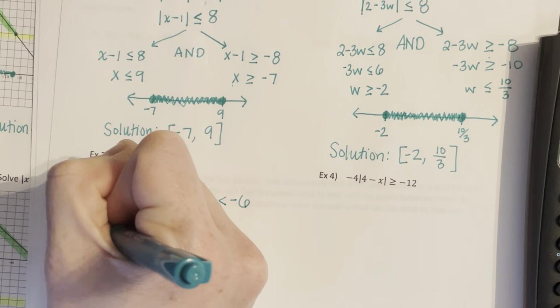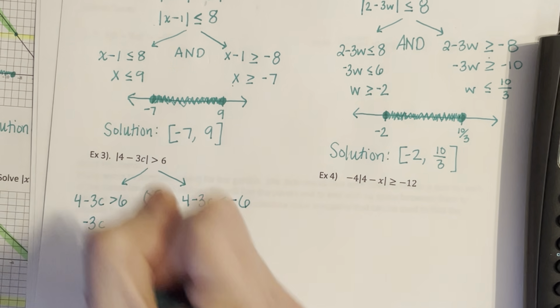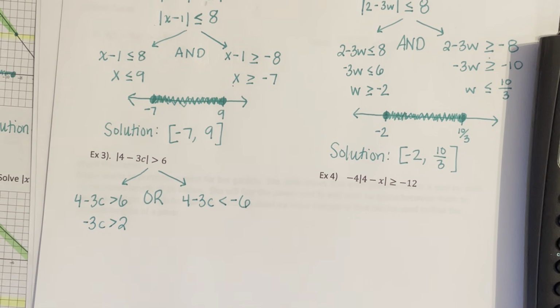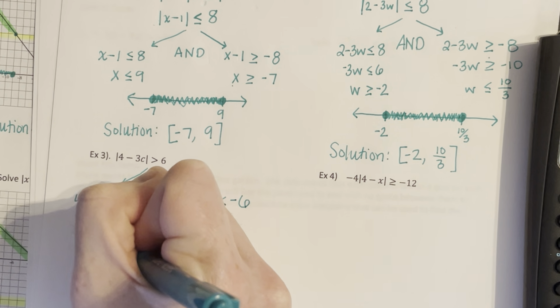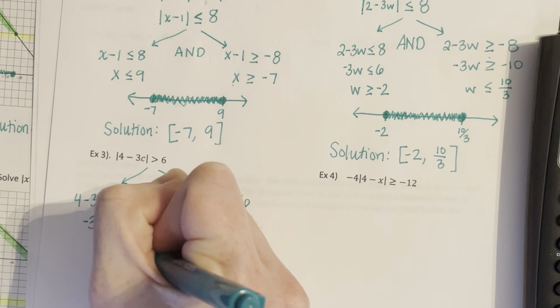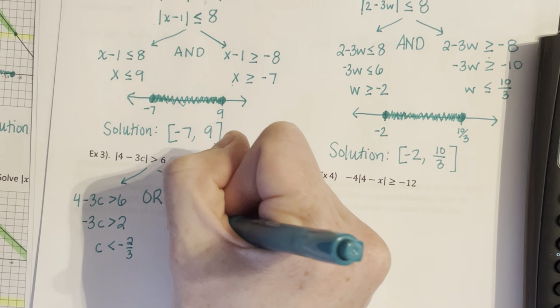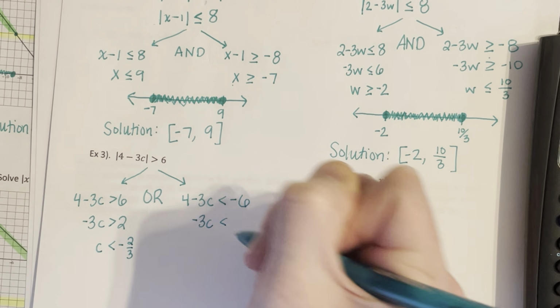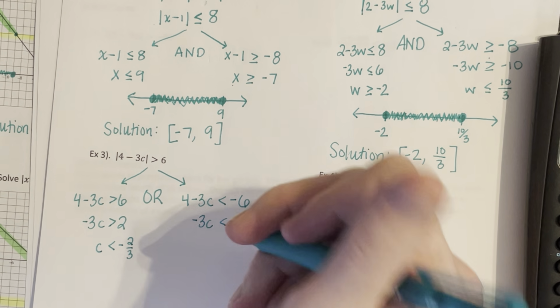All right, let's solve this out. I'd subtract 4. 6 minus 4 is going to be 2. Divide by negative 3 makes that flip our inequality sign, so 2 divided by negative 3 is just going to be negative 2/3. Or, and then we do the same thing over here, so less than negative 10.